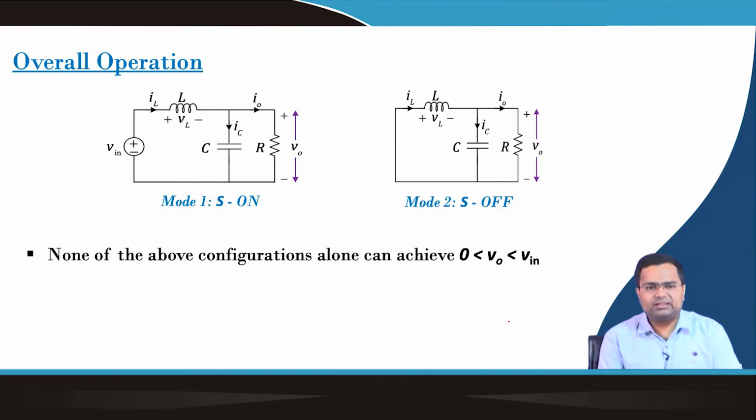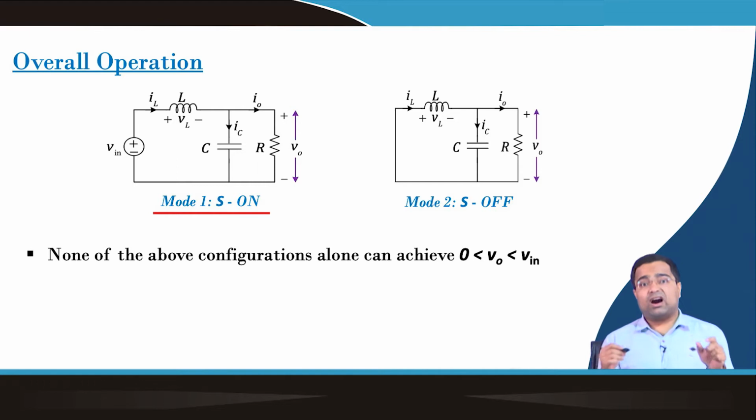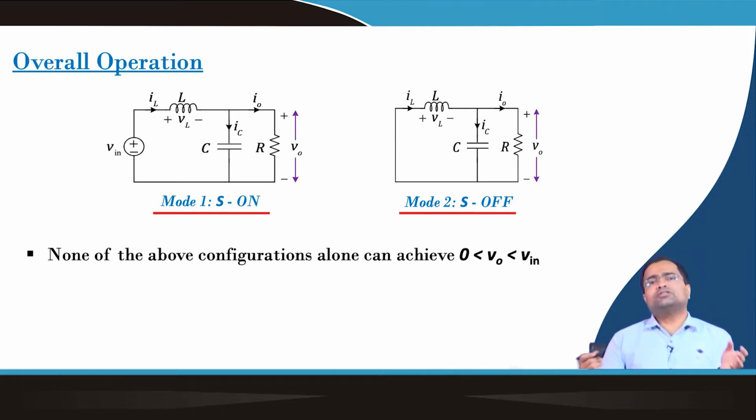But if we continue operating in mode 1, the on state, the output voltage at steady state will become the input voltage. Similarly, if we continue to operate in mode 2, the output voltage will equal 0, as the capacitor will completely get discharged.